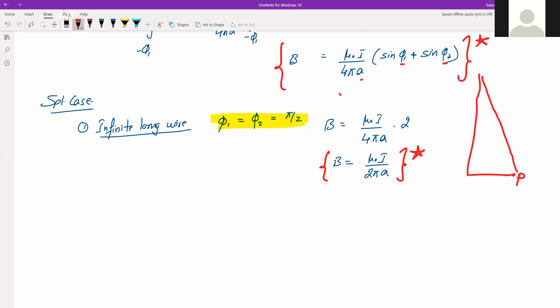So that is this case. And there can be other cases as well, when it has a finite length, but the point where we are finding the field is at the midpoint of the two ends. So that is about the two topics which we have seen today and the derivation of that.